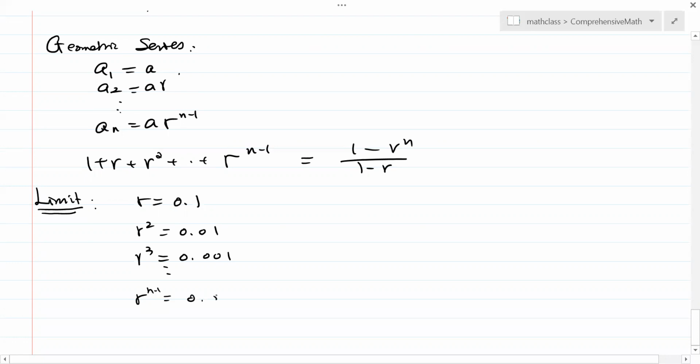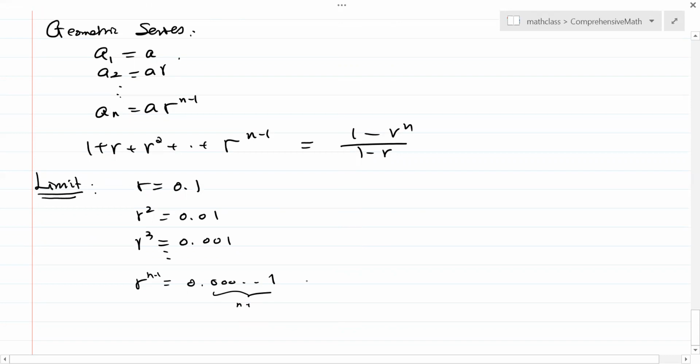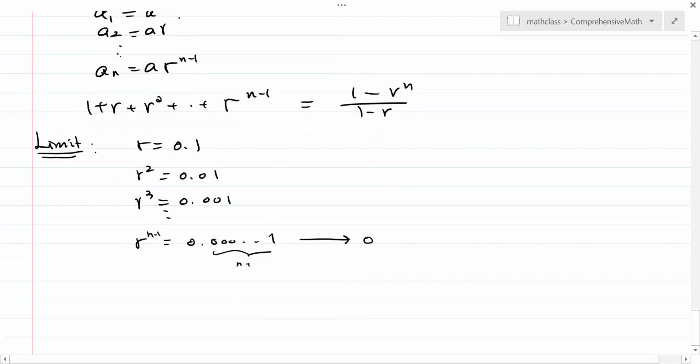You have n minus 1 terms here. So it's getting smaller and smaller. It approaches 0. In mathematics, in this case, we simply write this notation: the limit of r to the n is going to be 0. That's called the limit case. It's 0.